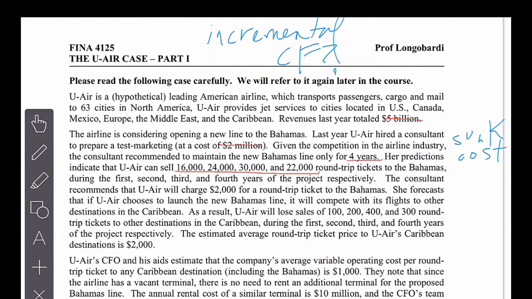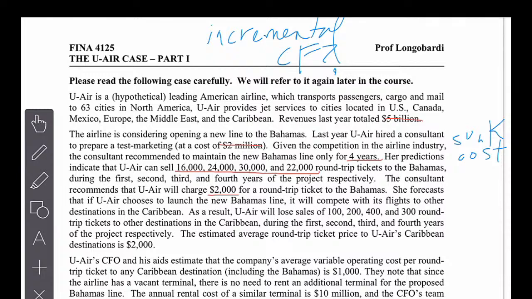The consultant recommends that UAir will charge 2,000. We need that too because these two sets of information together tell us what? What do we call that? First of all, will this comprise incremental cash flows?